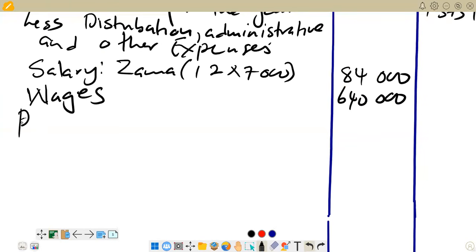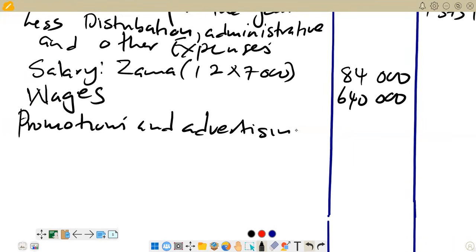So here we are now on promotions and advertising, and the figure we have is 40,333. Then we check what other expense we have.